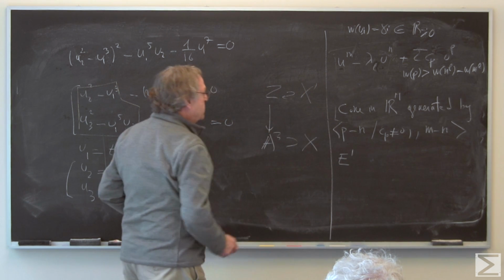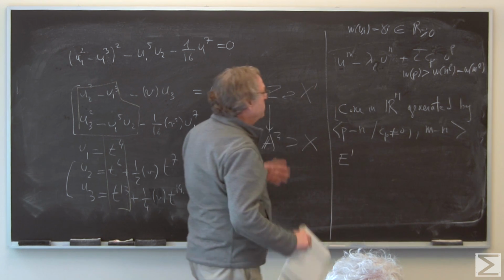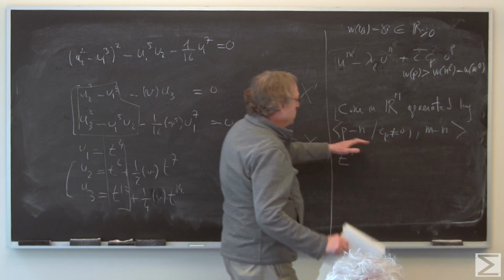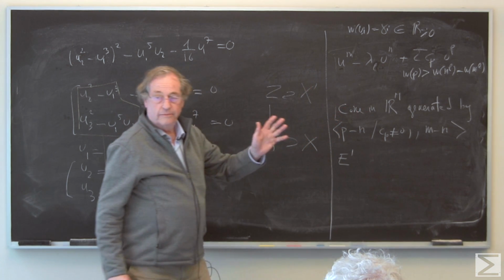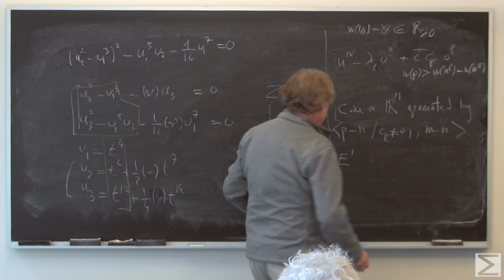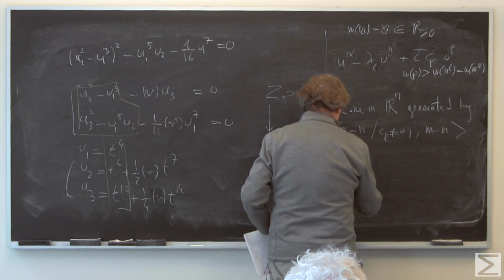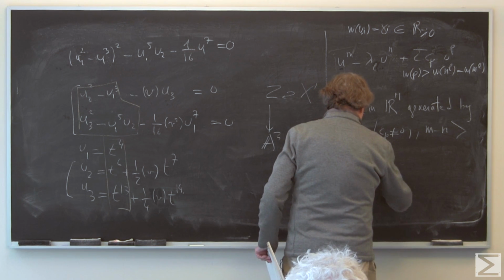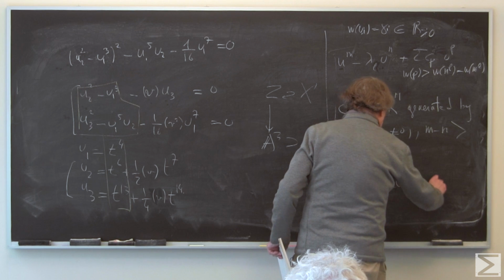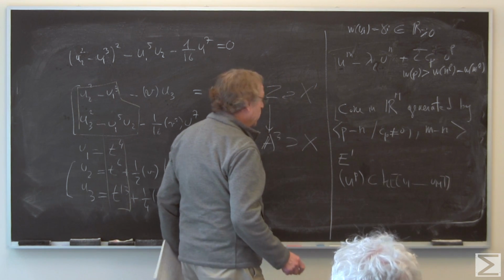Well, we have to deal with series in the sequence, so I cannot assume that this is a polynomial, and therefore there is a little problem that the cone generated may not be rational because it's generated by infinitely many points. However, the ideal generated by the UPs, the UP minus N, in the power series ring is finitely generated because we are in a Noetherian ring.